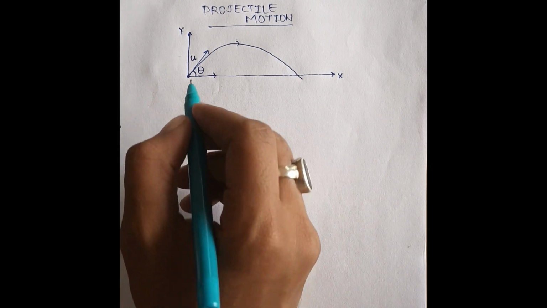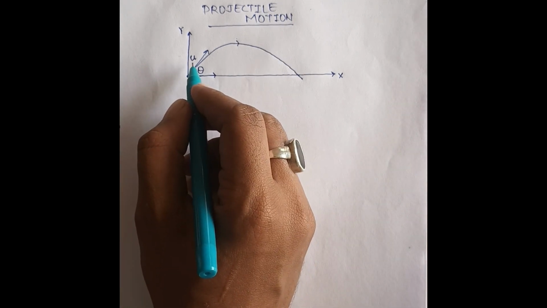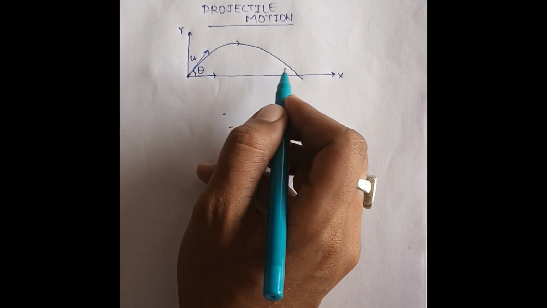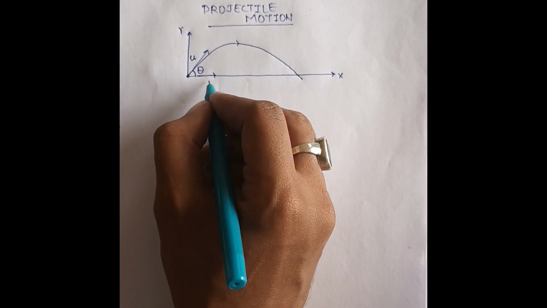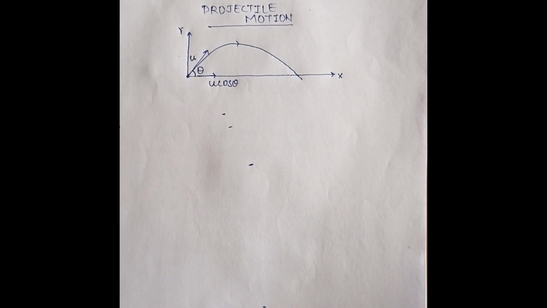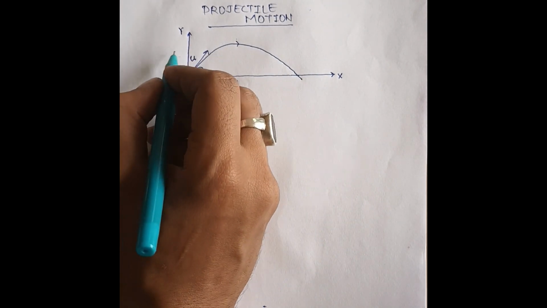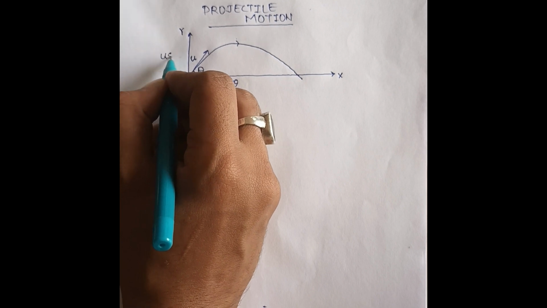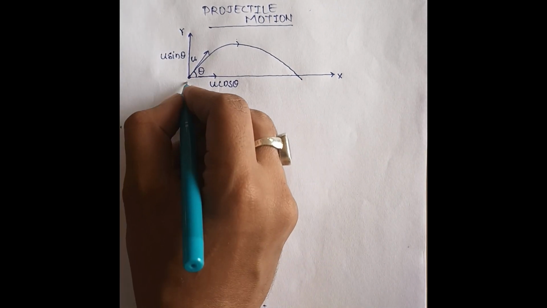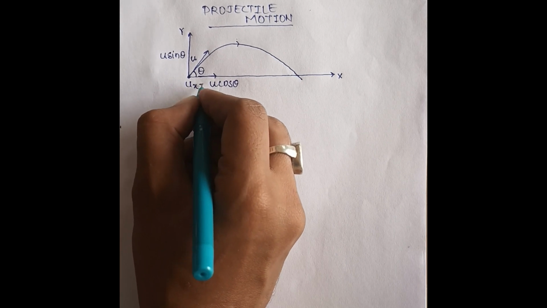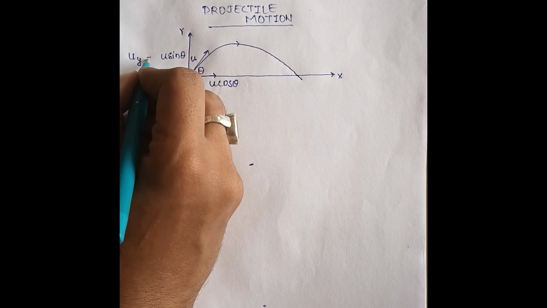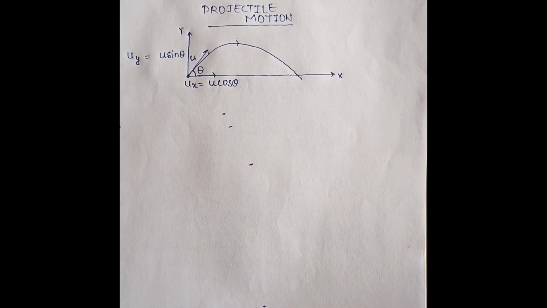Here, students, velocity is a vector quantity, therefore the velocity of the object along the horizontal axis will be u cos theta, and the velocity along the vertical component will be u sin theta. This is the velocity along the x-axis and this is the velocity along the y-axis that we have considered.